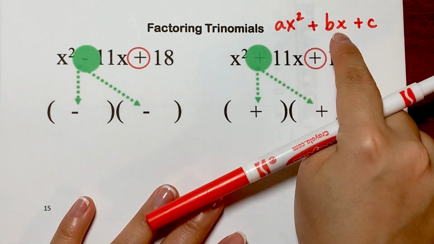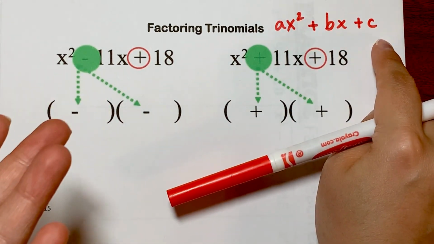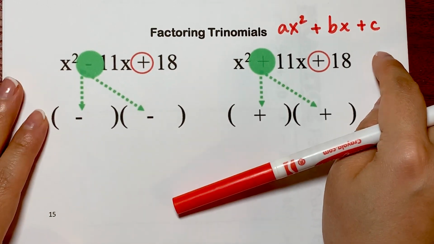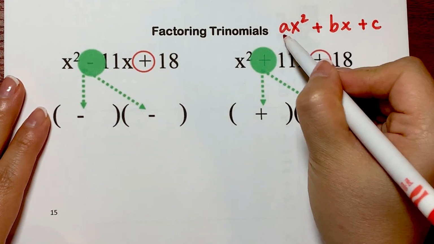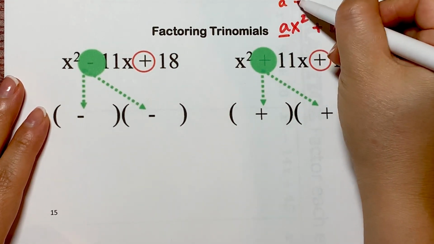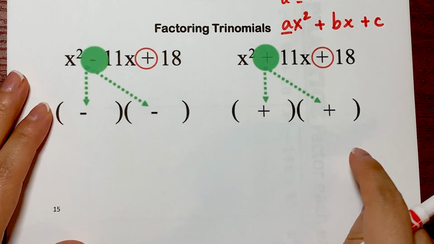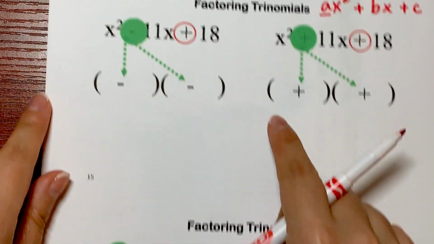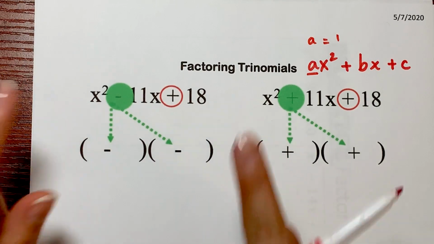So we call them a, b, and c, the coefficients, the numbers in front. Today we're only going to be talking about whenever the number in front of x squared is 1. So a equals 1. Okay, so in all the examples you notice right here, there will be no number in front, and that's equivalent to 1.